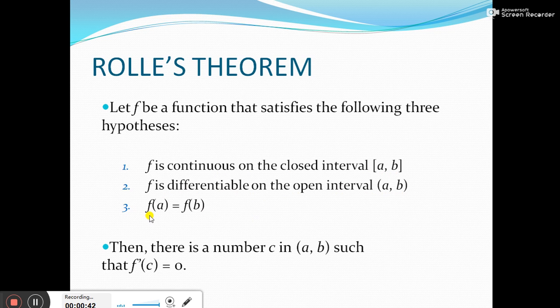And the third one, that is f(a) is equal to f(b). It means the values of the function at the endpoints of the interval are the same. Then there is a number c in the open interval (a, b) such that f'(c) is equal to 0.